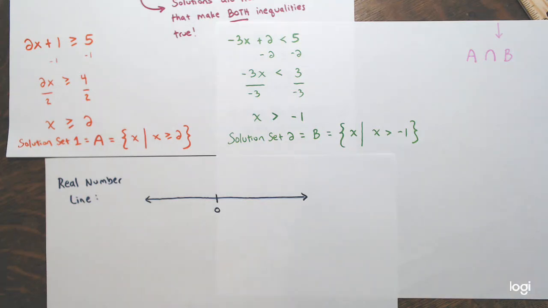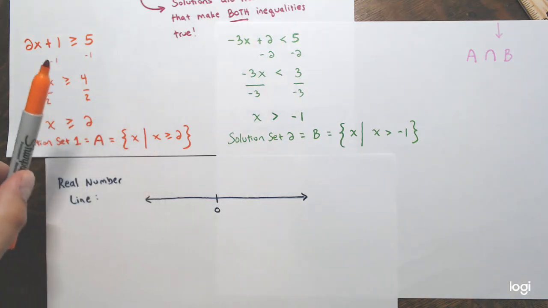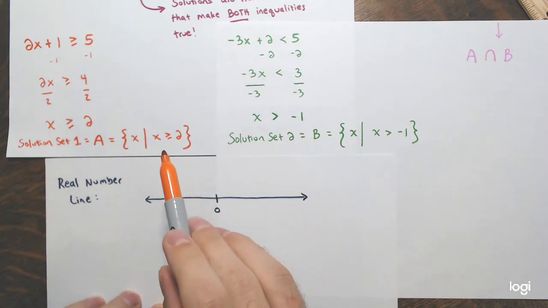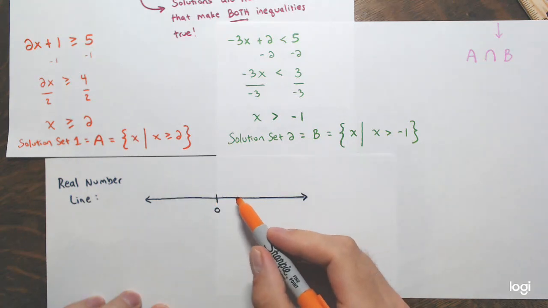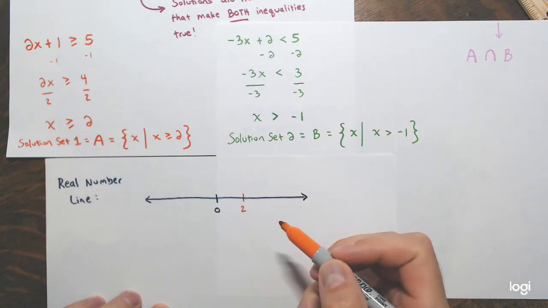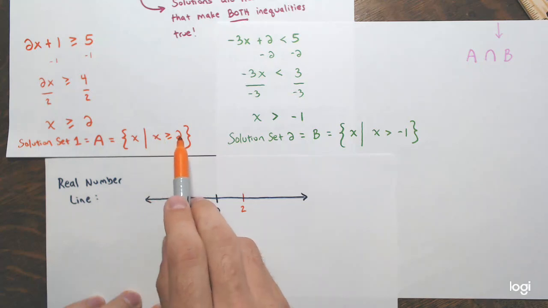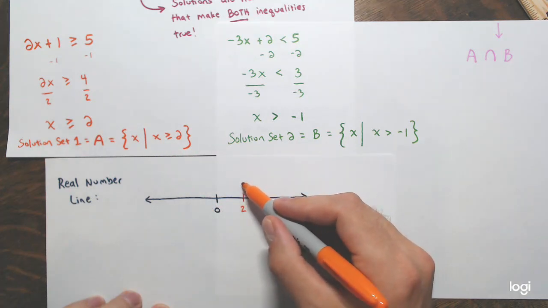Alright, so I did set the solutions of that first inequality in orange. So I'm going to put that picture in orange on my number line. So all the numbers greater than or equal to 2. So 2 would be to the right of 0. There's 2. Now, remember, every number greater than 2 and 2 itself, every number greater than 2 or equal to 2 is a solution, is part of set A. So 2 itself is a solution of that first inequality.